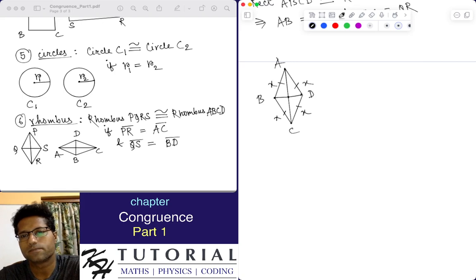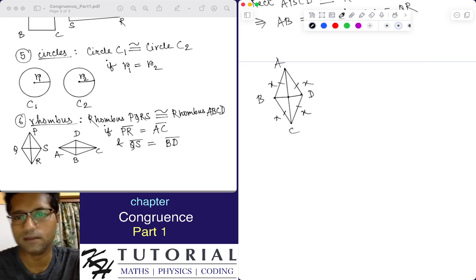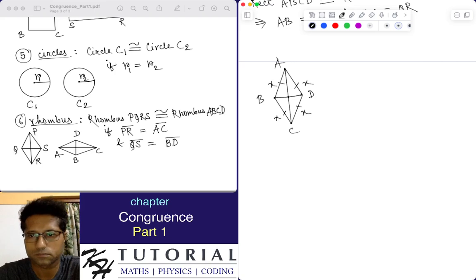So let's say I draw another rhombus having the same length as the diagonals AC and BD in the rhombus ABCD. Let's say I first draw the diagonal BD vertically. Let's say this is the shorter diagonal.